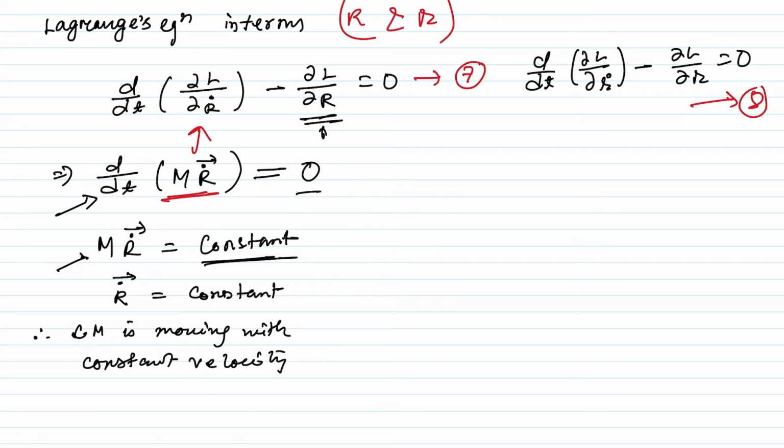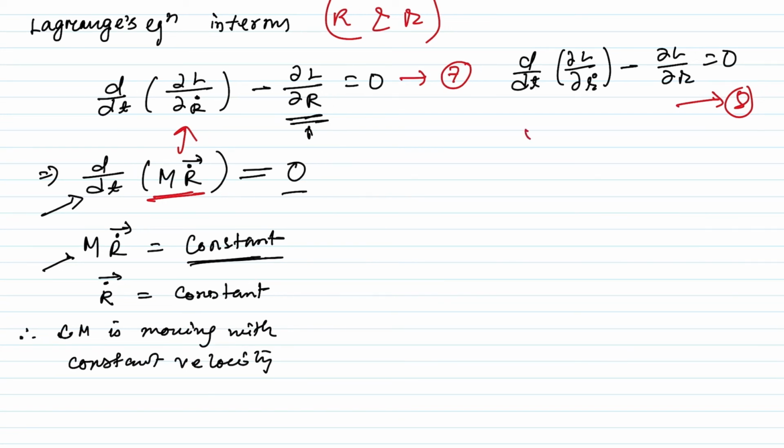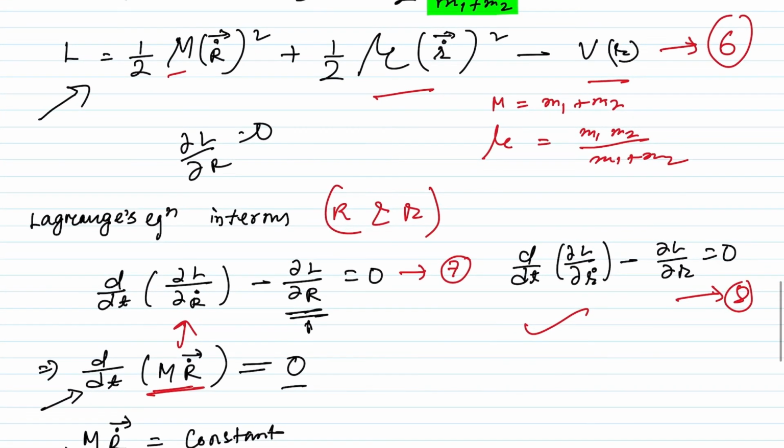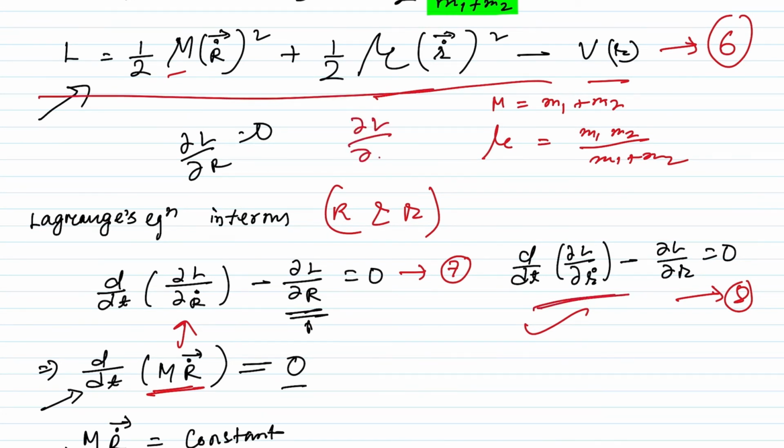Now let's go to the other equation. From this equation number 6, if you find del L by del small r dot, here this is only a function of small r dot.